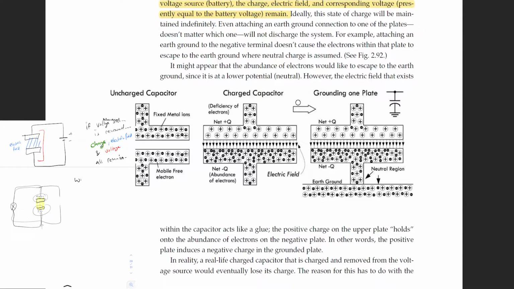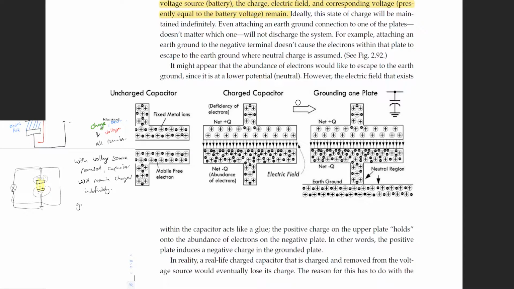So let's put charge: with voltage source removed, capacitor will remain charged indefinitely. Grounding one side would not work.